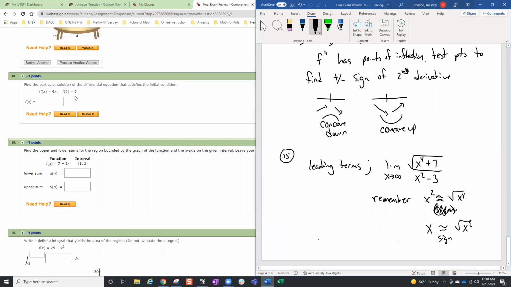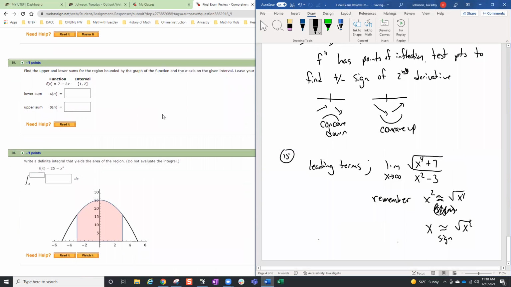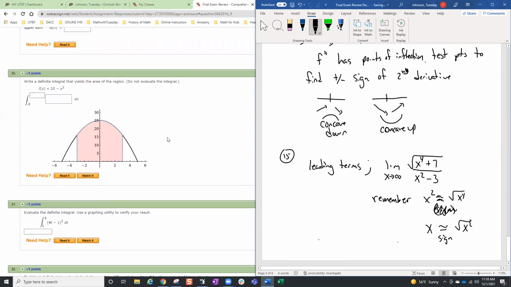In 18, remember, if we have a differential equation, we find the antiderivative to find the original. This f of 0 is going to help us find our constant. And boom, here we are in exam 3 stuff, upper and lower sums that we've done for a while. As we're looking at our integral here, what is the region?